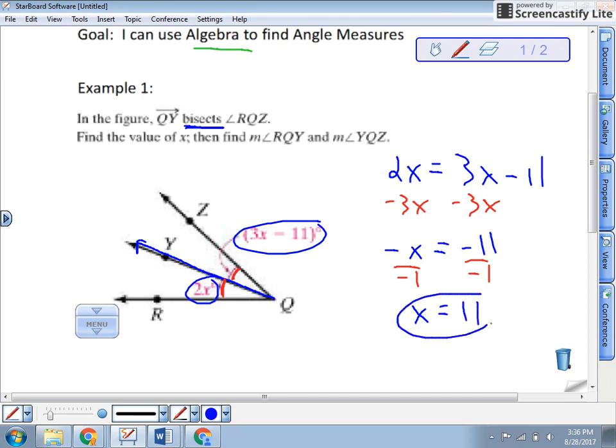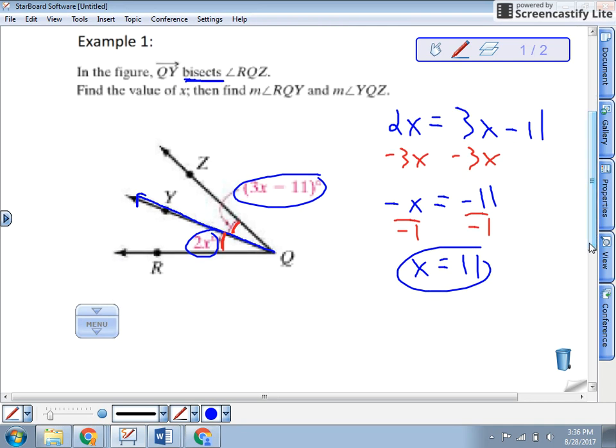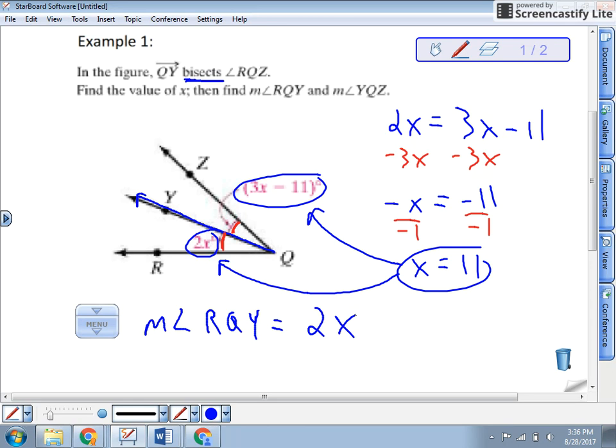So we found the value of x. Now, we need to use that to find the value of each angle. Well, in order to do so, just plug in the value of x to the expression for each angle. So to find the measure of angle RQY, which equals 2x, we're going to plug in that 11. 2 times 11, which equals 22 degrees.